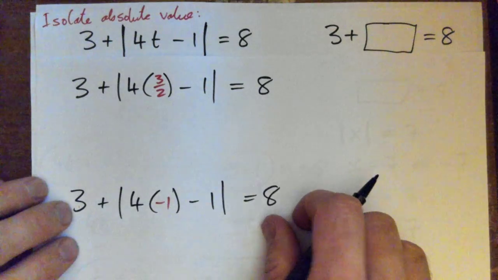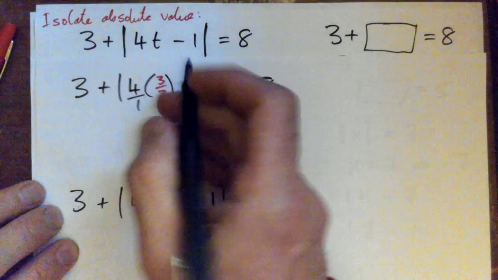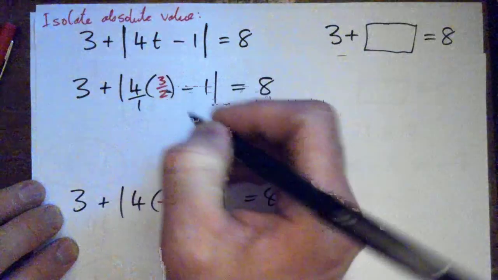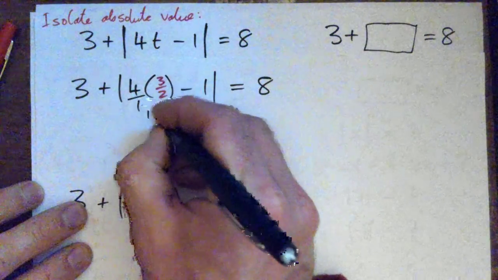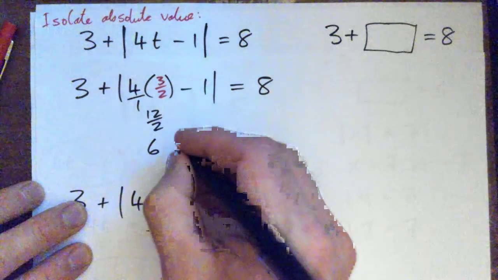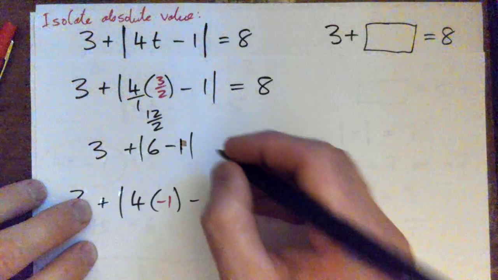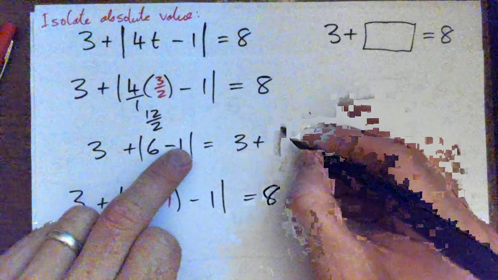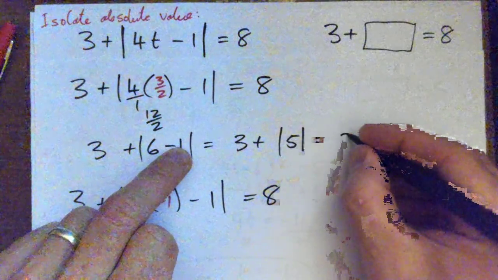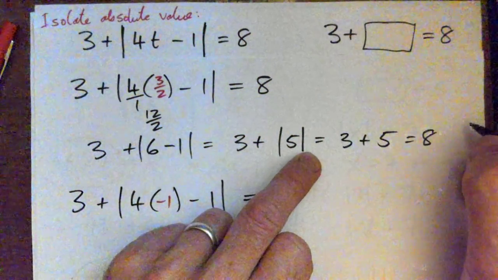If I plug in 3 over 2, this is 4 over 1 times 3 over 2. 4 times 3 is 12, 12 over 2 is 6, minus 1. So we get 3 plus absolute value of 6 minus 1, which is 3 plus absolute value of 5, which is 3 plus 5, which is 8. So that made 8.